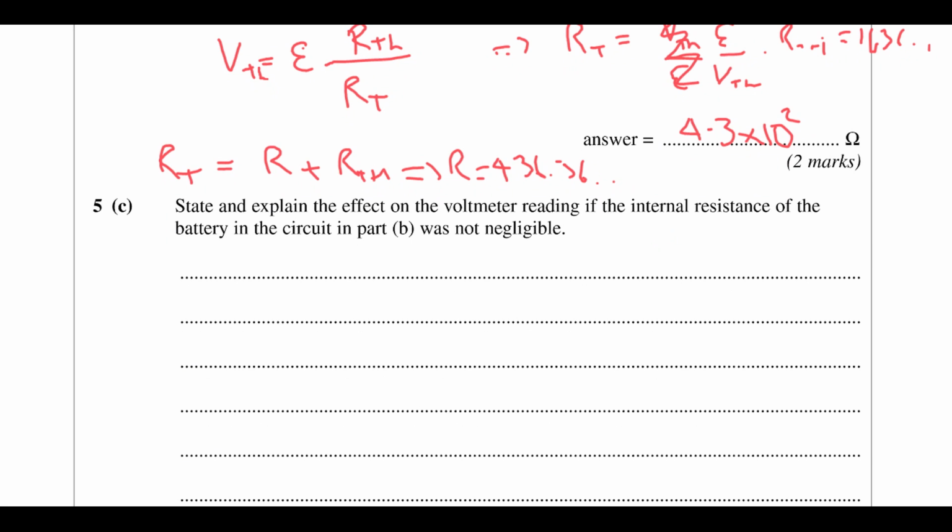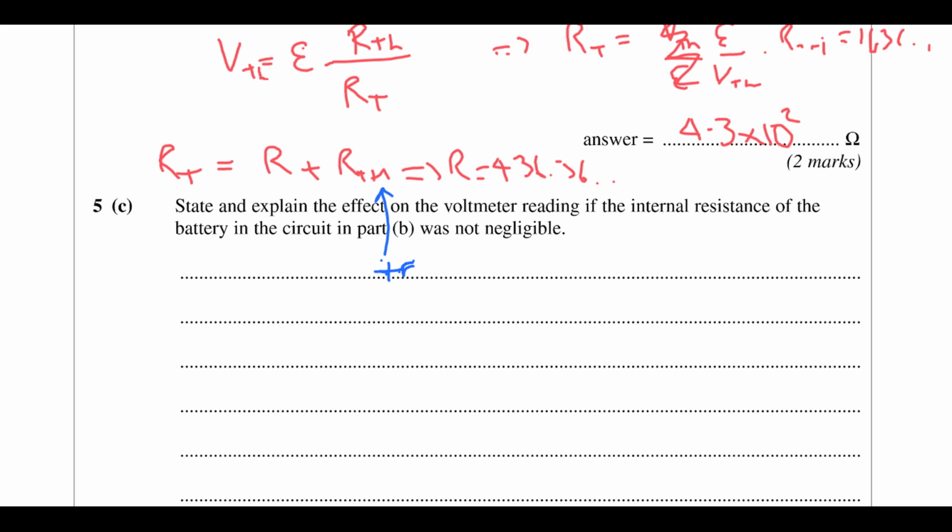so then, how would the value we found for part B change if the internal resistance is not negligible? So that would essentially mean there's another value in this equation here. You'd also have to add on the internal resistance.